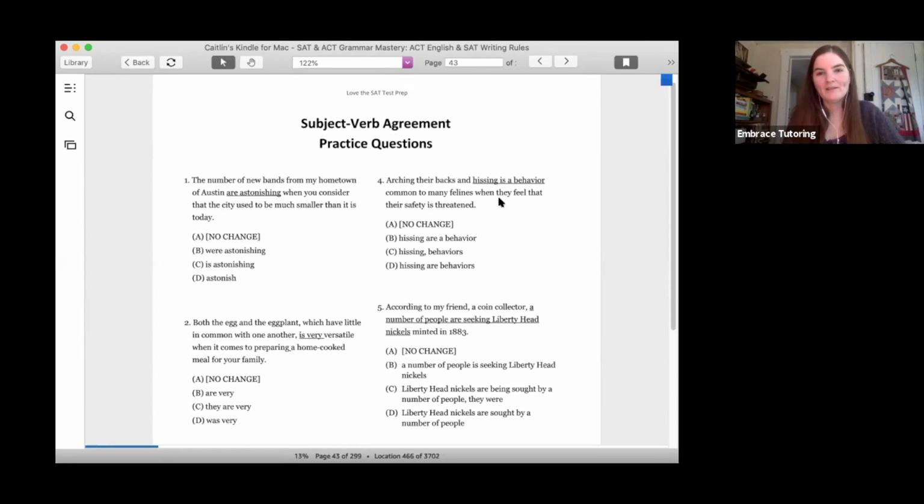Okay. So this particular example was a tricky one to break down because we were dealing with a different kind of noun than you're used to seeing, because we're dealing with a behavior. A behavior has to do with an action.